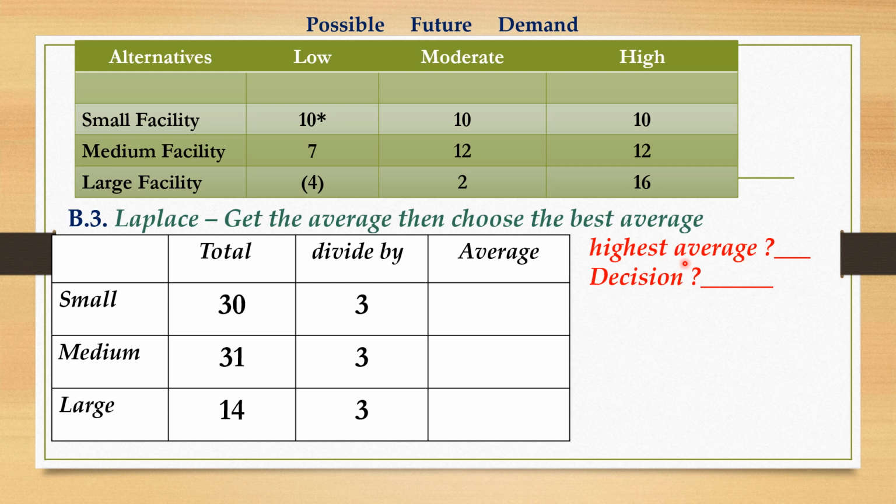Do it now. Determine the average and then get the highest average. Write it down here and write down your decision here. Will it be small, medium, or large? That will give us the highest average.